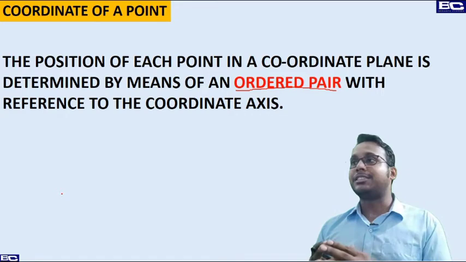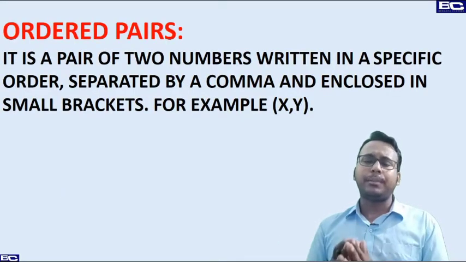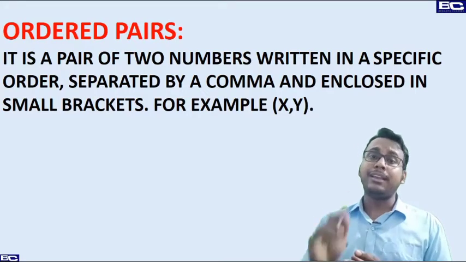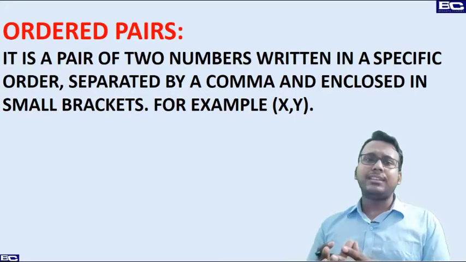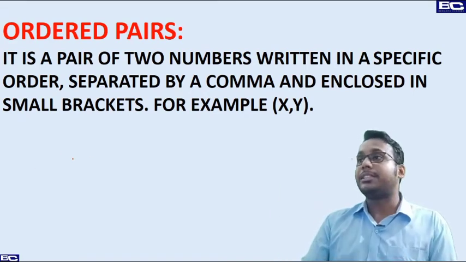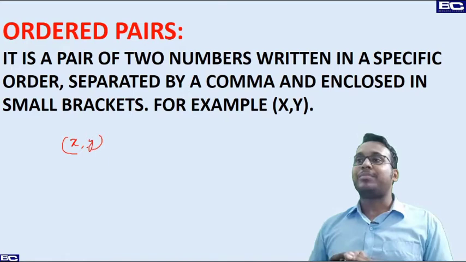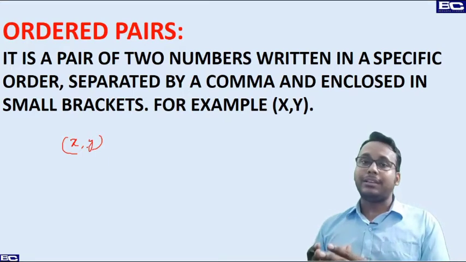So let's discuss that ordered pair. What is an ordered pair? As we have discussed, the ordered pair is a pair of numbers separated by a comma, and it is represented inside a bracket, just like (x, y). This (x, y) is an example of an ordered pair.